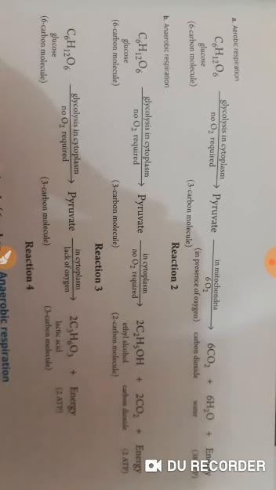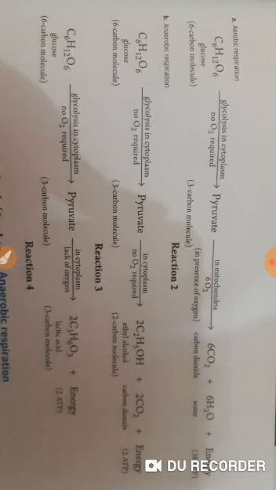What used to happen in aerobic respiration, you can just check the reaction first. I'm talking about aerobic respiration just to compare it with anaerobic respiration. In aerobic respiration, glucose gets converted into pyruvate in the cytoplasm, that is glycolysis. Then pyruvate enters into mitochondria and there the rest of the reaction takes place.